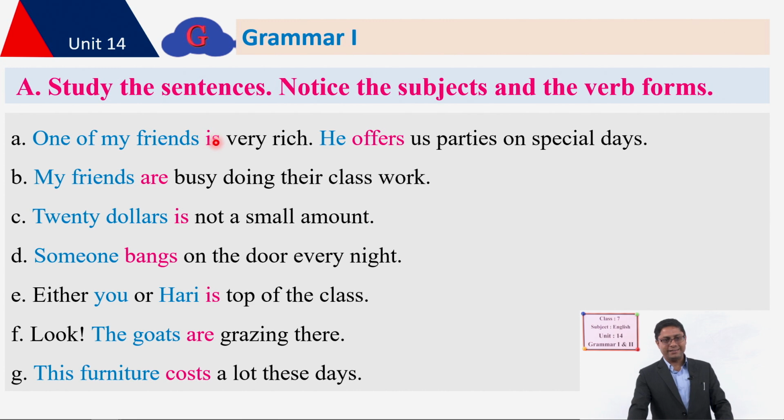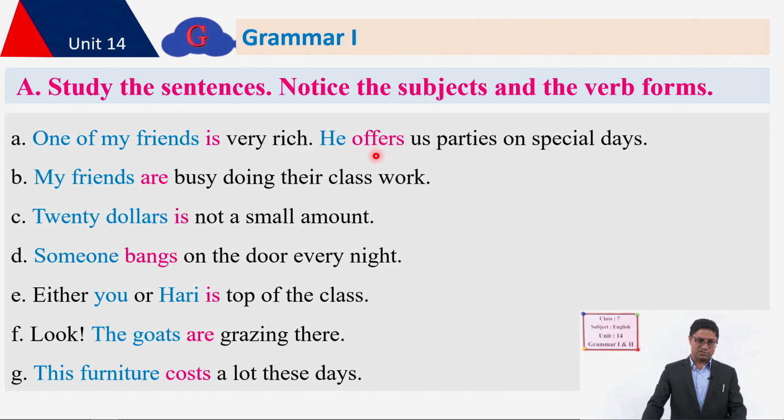The part in red color indicates the verb, and the black part indicates the remaining part of the sentence. Do you understand? Once again, the blue section, subject, and then red, verb. Okay, got it? All right, very good.